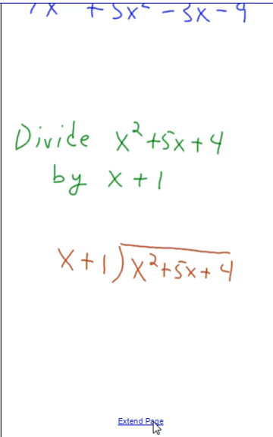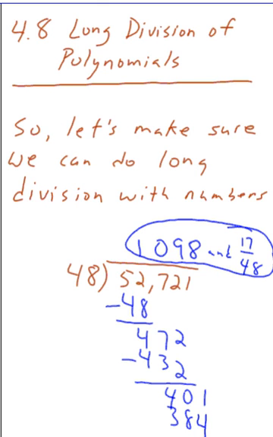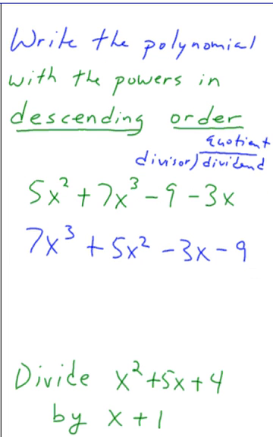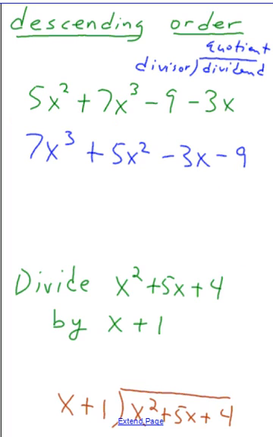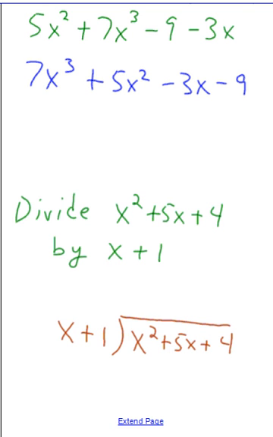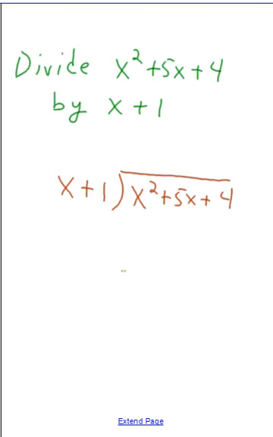Thinking back to the problem we did before, what did we do when we did long division with numbers? We said, how many 48s go into 52? We do the same thing in this problem. Here's how I start.